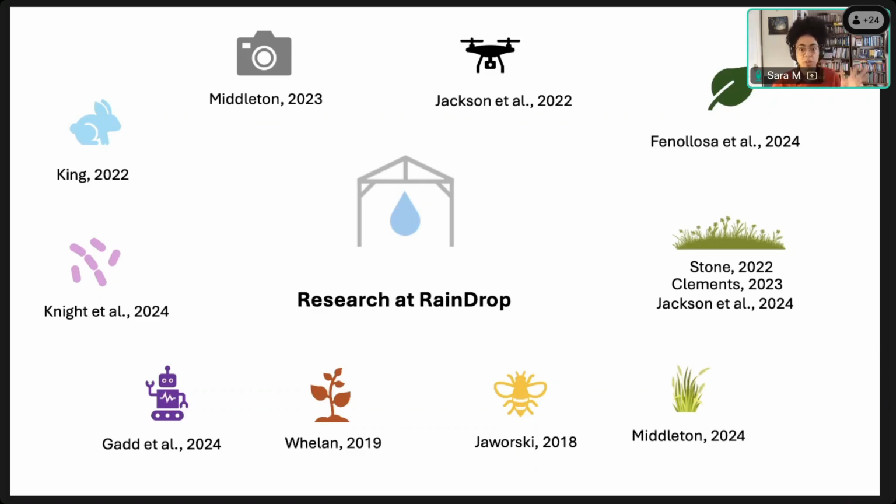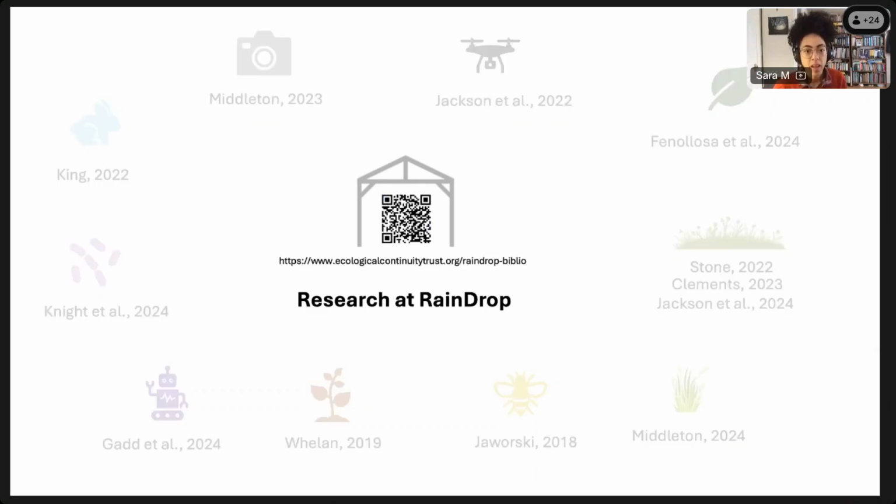So there's a great deal that's going on at RainDrop. I just want to acknowledge that there's a lot of exciting research. So I'm just going to focus on things that I did during my PhD and with some collaborators as well. If you're interested, you can look on the ECT's website, and it has a bibliography of all the publications and research at RainDrop. You can just use that QR code if you're interested.